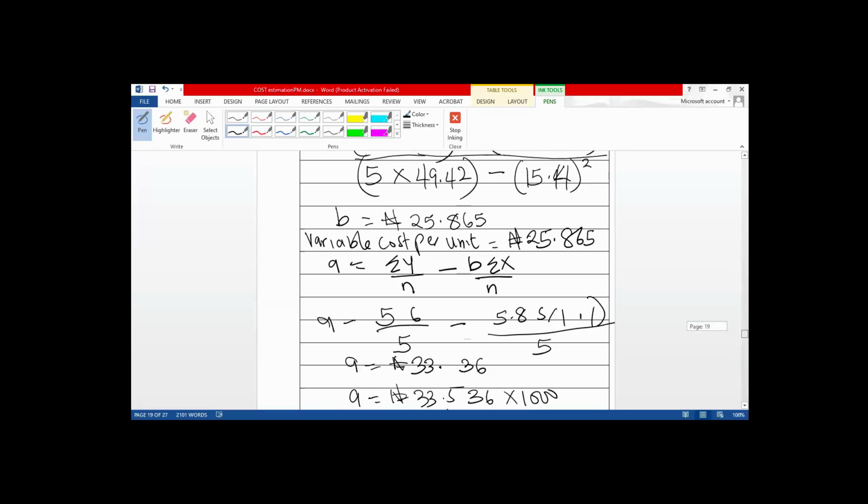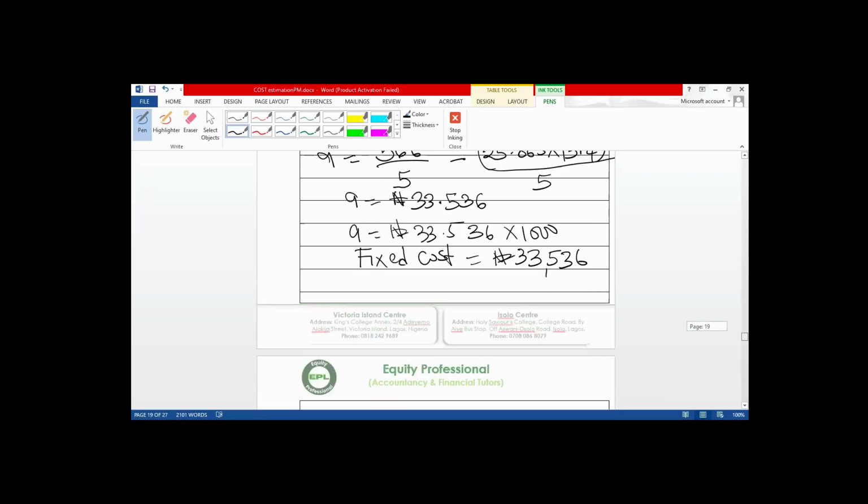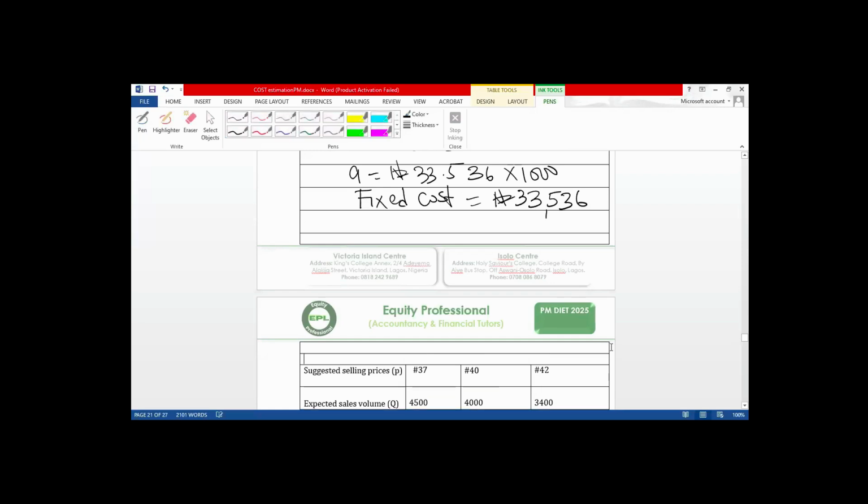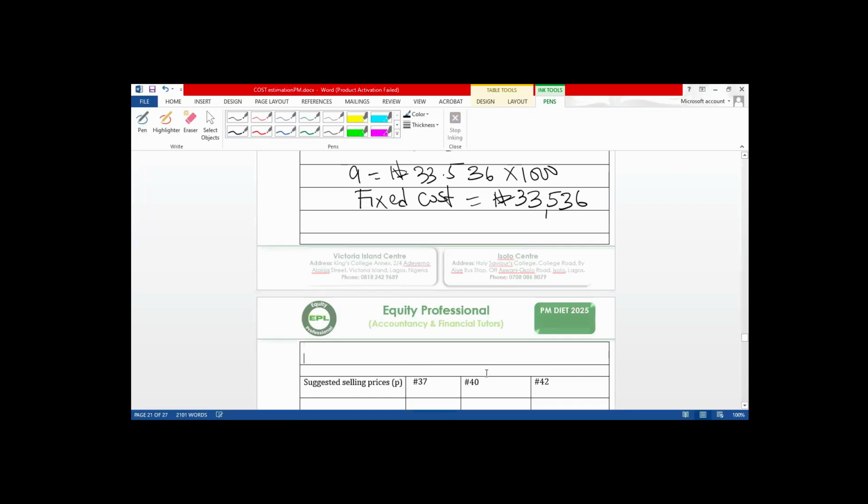We have gotten the variable cost per unit. We have gotten the total fixed cost. Then you can return to your cost equation. You can do your cost equation.